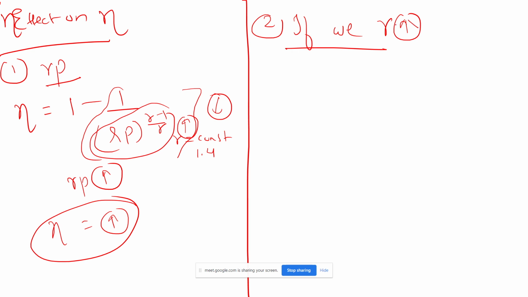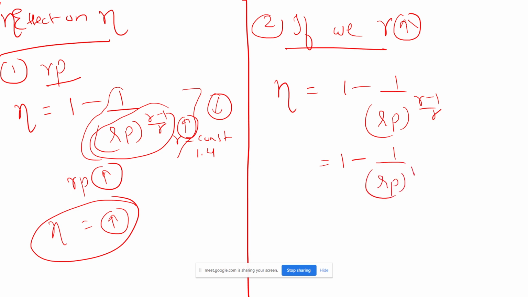Efficiency decrease? No, wait, I'll show you. If we increase the gamma, we can write this term as 1 upon rp to the power 1 minus 1 upon gamma. Is it okay? So if we increase the gamma, what will happen?